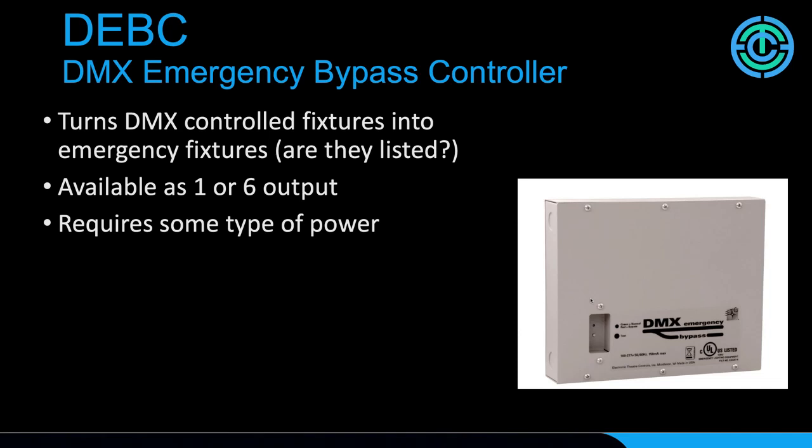And in the event of a normal power loss or a fire alarm fed from our EBDK system, this box will interrupt the incoming DMX and present an emergency look, which is either able to come from the factory as an all-on look or be field recordable. It also has the ability to act as a 1 or a 6 output, so we can split, again, at a listed device. This is a listed UL924 input box and opto output.